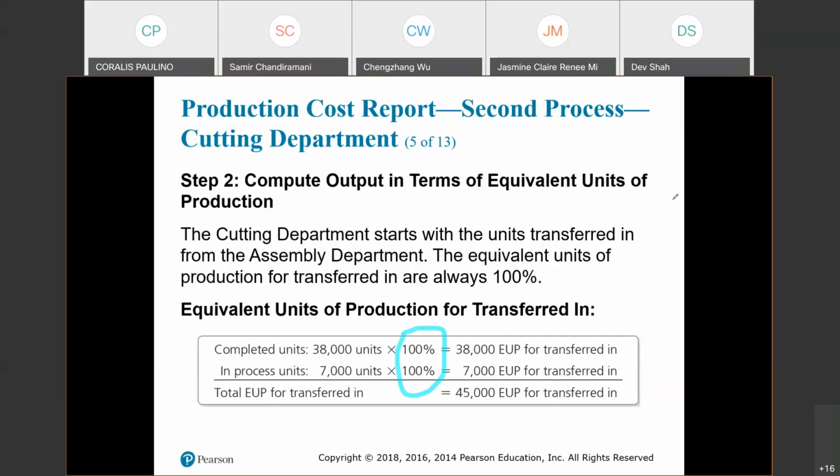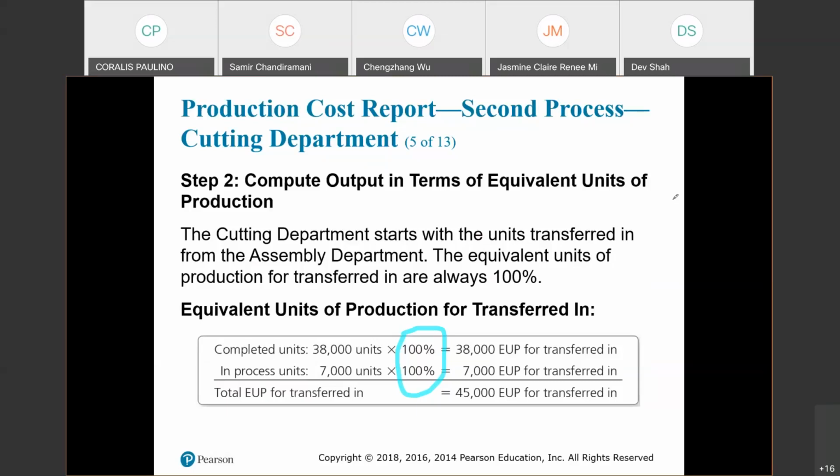So you may ask why? Because these units came in with costs assigned to them from the previous department, which was calculated on the production cost report for the assembly department. If they were not 100% complete with respect to the previous process, then they would not have been transferred in. They would still be in process in the previous department.